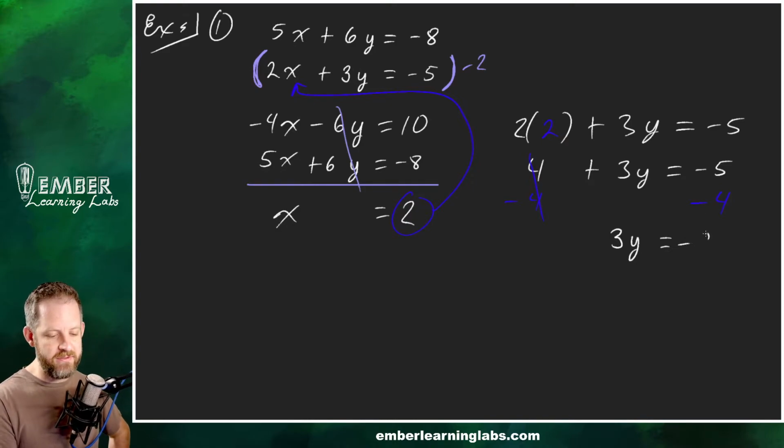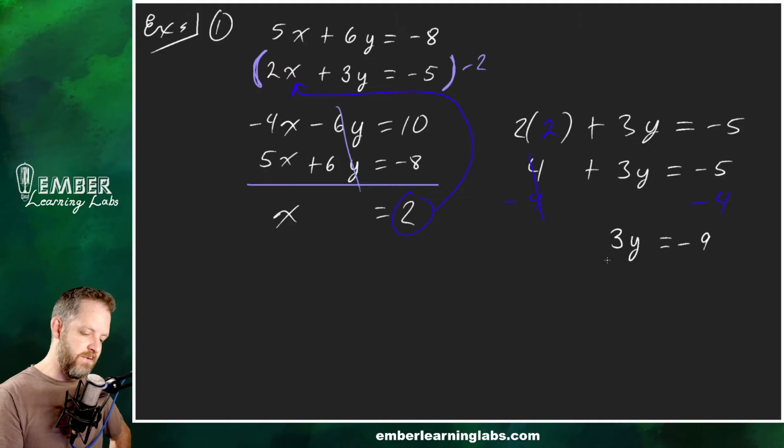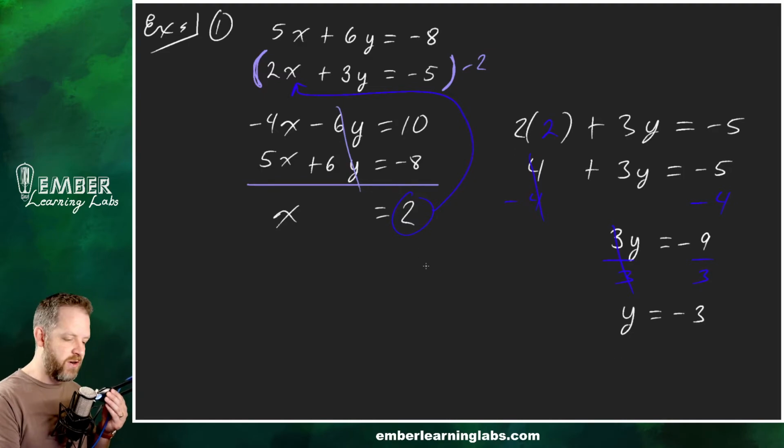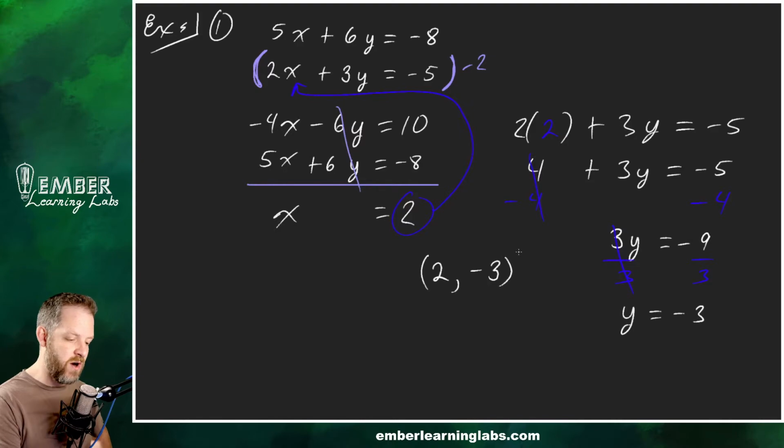So it'd be -9. We're going to divide by 3 on both sides, leaving us with y equals -3. We just need to write the answer as a point, and then we're done with this problem. So it's the point (2, -3), because points go x, y.